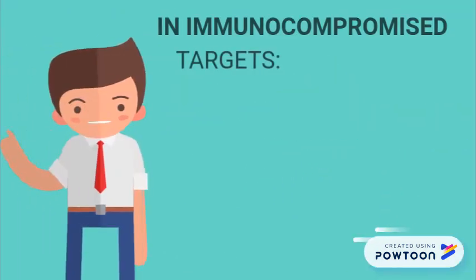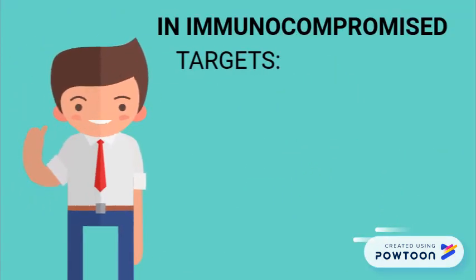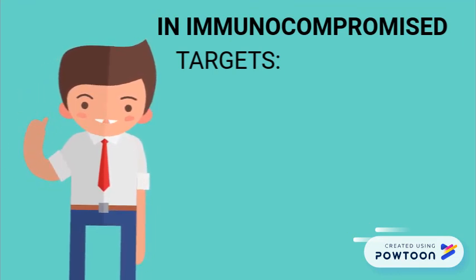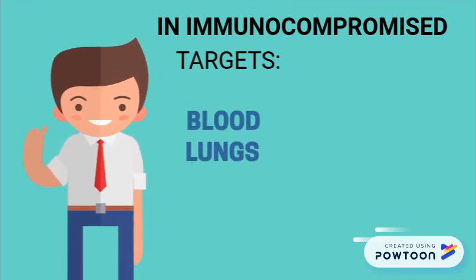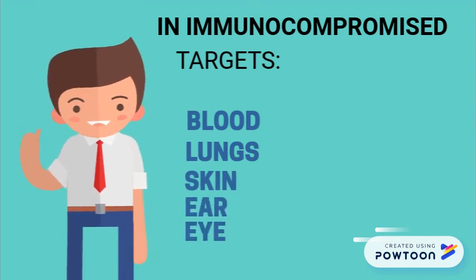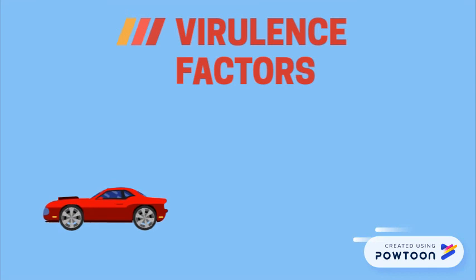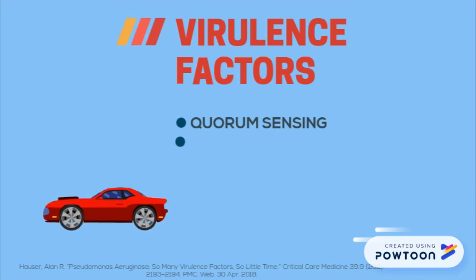In immunocompromised individuals, Pseudomonas aeruginosa can infect almost any tissue, but mainly targets blood, lungs, skin, ears, and eyes. Pseudomonas aeruginosa has a multitude of virulence factors, but its main ones are quorum sensing, lipopolysaccharide O antigen, type 3 secretion system, and biofilm formation.